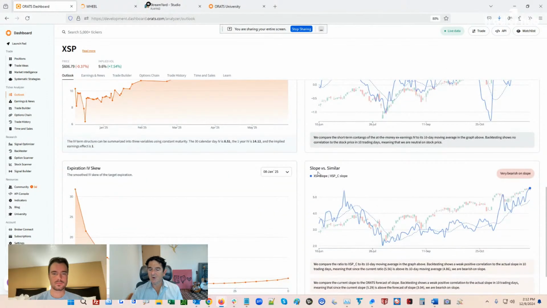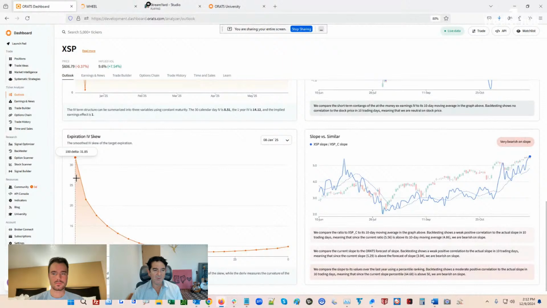Now, slope is just the put-call slope. What we see is like the 100 call delta, or some would say the low puts or the low strikes are on this side, and the high strikes are on this side. When it gets really slopey, a steep slope like this, that means the puts are highly valued.